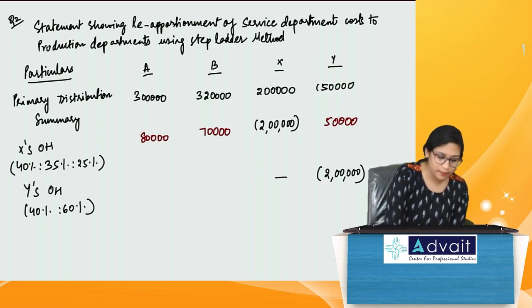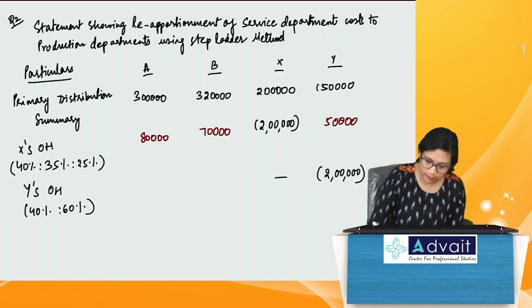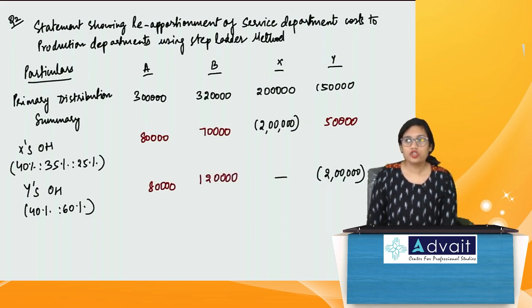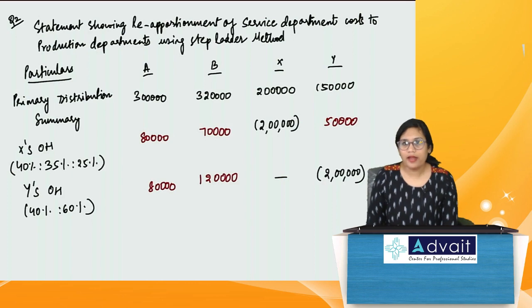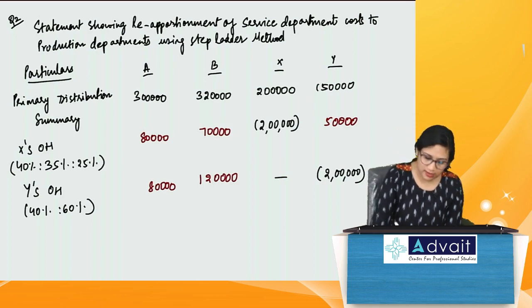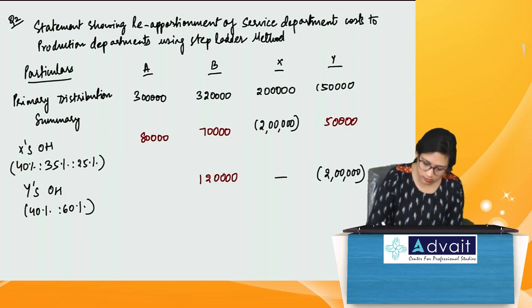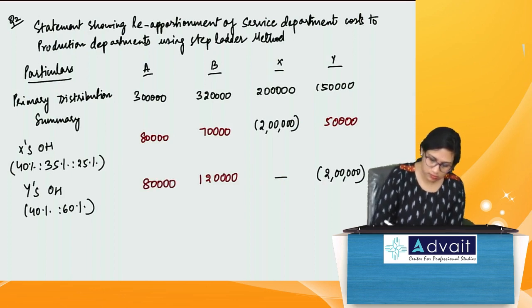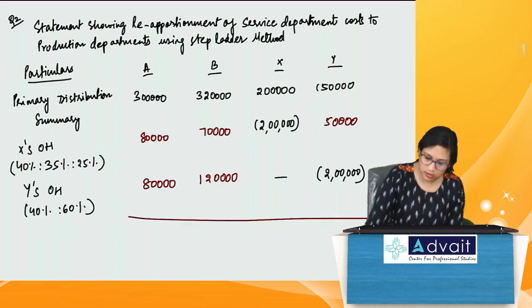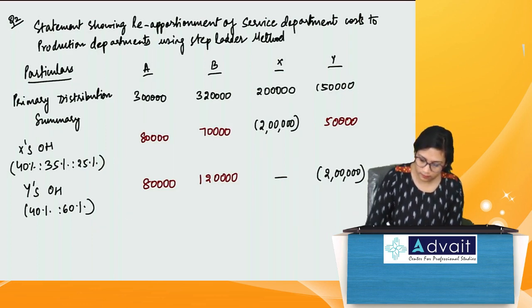So please do it. Tell me how much you're getting. So you get 80,000 and 1,20,000. Perfect. So let's conclude the problem. So this is nil, this is nil.